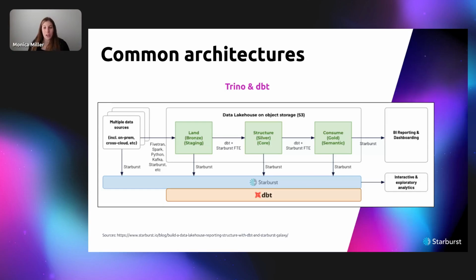We see a lot of people using dbt and Starburst together, dbt as the SQL transformation modularity component, and Starburst as the query engine, because dbt does need a query engine partnered with it to actually run any of the data transformations. We see a lot of people utilizing this, and object storage is the main place that we see it.